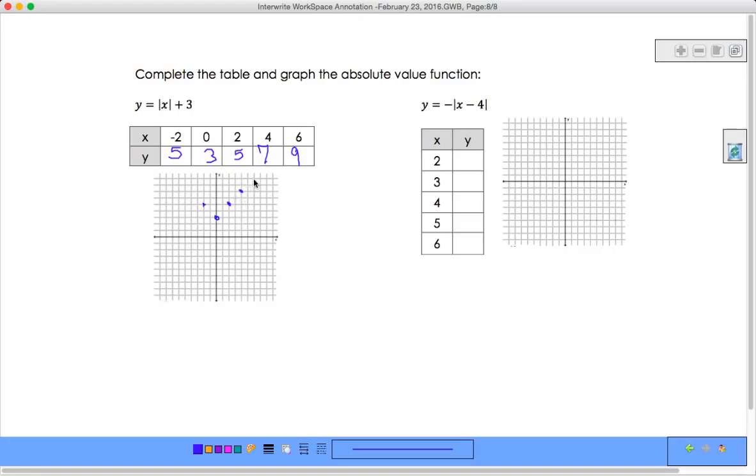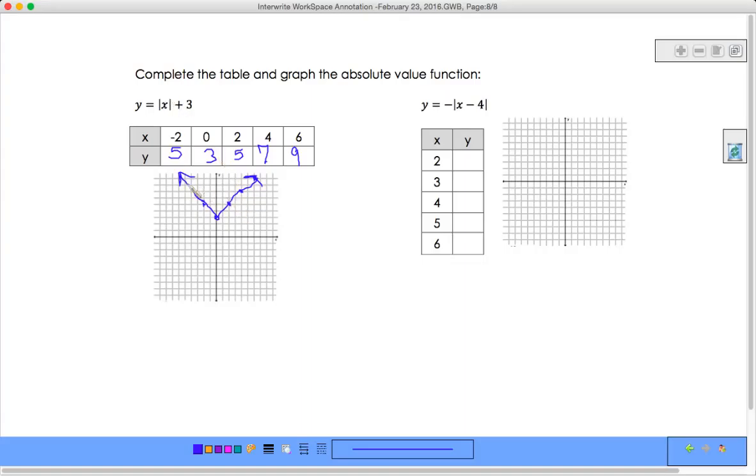And 6, 9. Move here. So it looks like this, but remember, that it has that symmetry and it goes on forever, so really it comes up on this side too. Just the same. Alright.